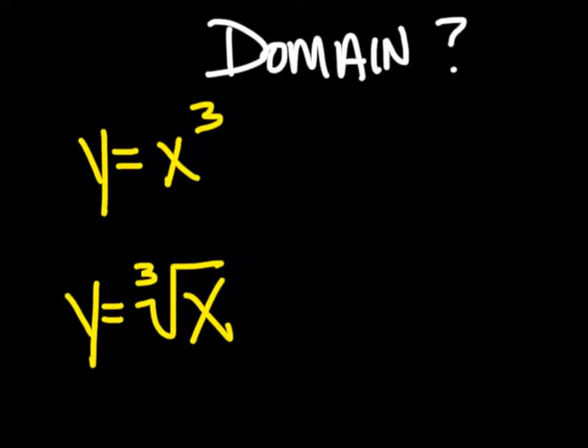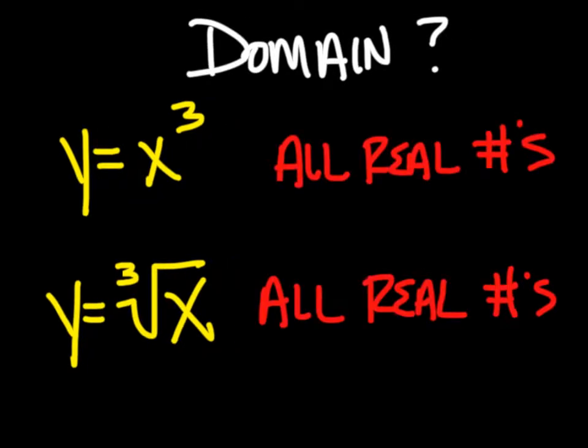We could put a negative in, we could put a positive in, it could be 0. And what about y equals the cube root of x? Can we put negative numbers in for x, and positive, and 0? So it should be all real numbers. And it is. We have no restrictions on what we can put in for x for the domain.